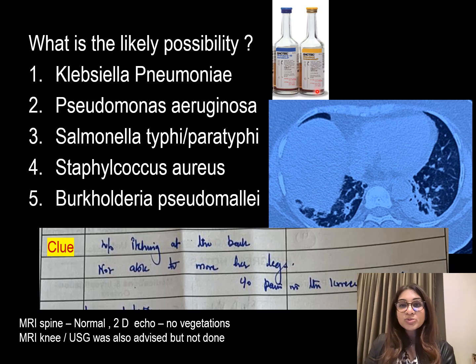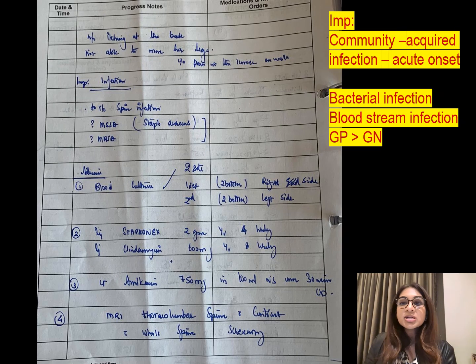But in this patient who is presenting with a community acquired infection with an acute onset, we can see that there was intense itching which was mentioned by her. So probably the portal of entry is through the skin and then it is going into the bloodstream, which is then having hematogenous seeding into the lungs.